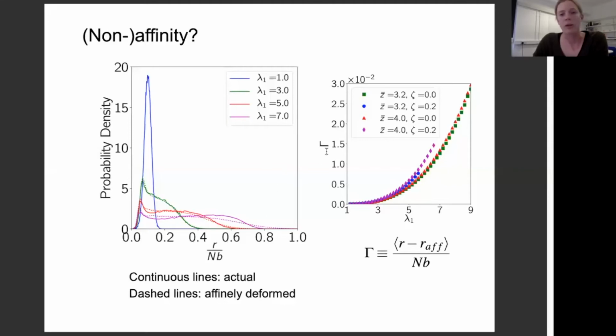We also calculated some indicators like the average deviation from affinity, for different defect concentrations, different coordination values and different loop fractions, and we always get a deviation from affinity which is very small, like a few percent. So at this stage we cannot really conclude that we see a lot of deviation from affinity in our network, at least.